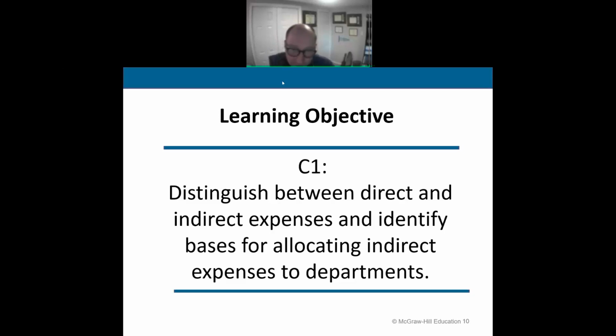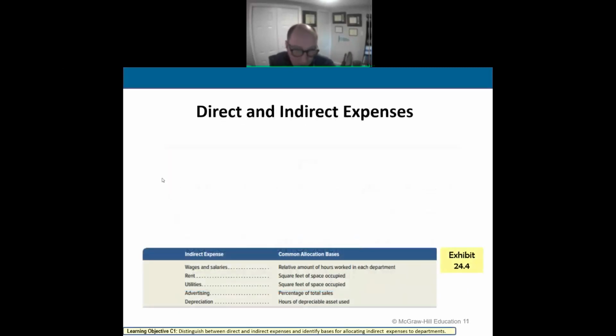So let's talk about the expenses and how they are allocated to the departments. We talked about controllable expenses and uncontrollable expenses. Controllable expenses are the ones that the managers can control, and the uncontrollable ones are outside of the manager's realm.